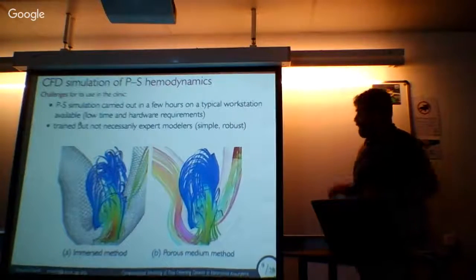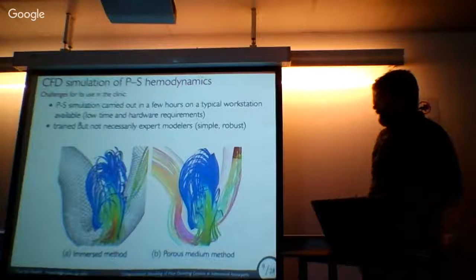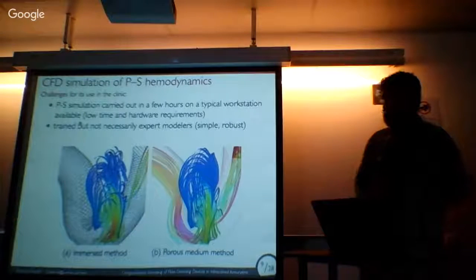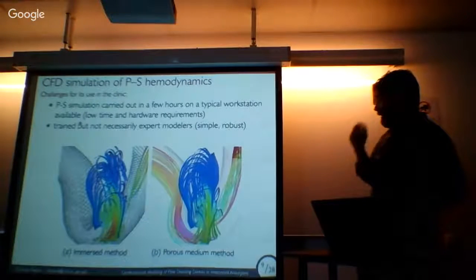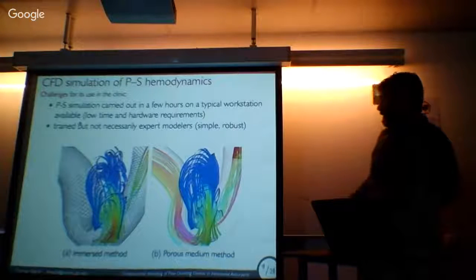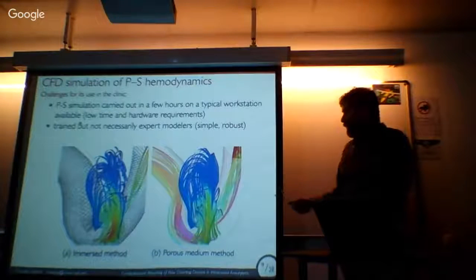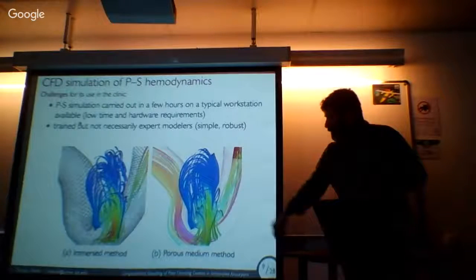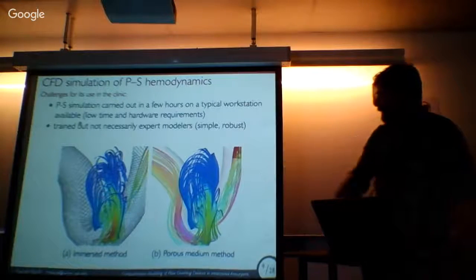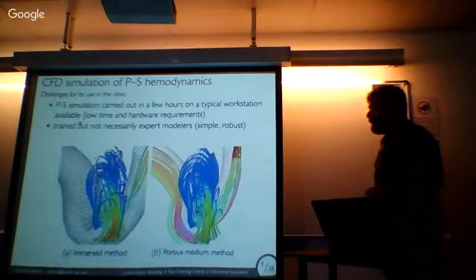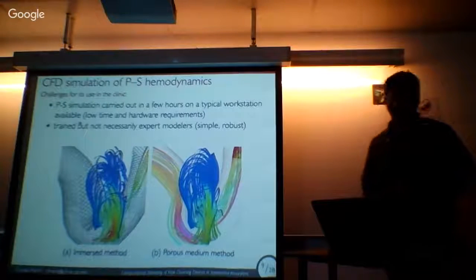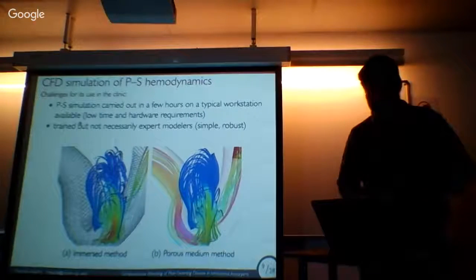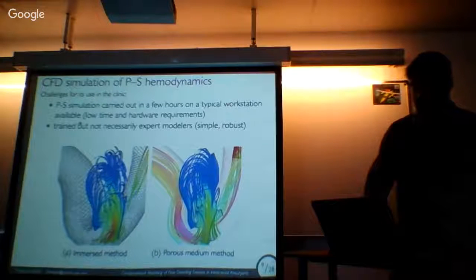We tried this approach, which I'm going to show in the following slides, and we obtained very good results. This is actually some results to compare. We found a good reduction in time and hardware requirements.